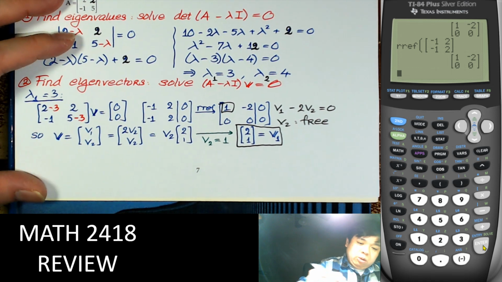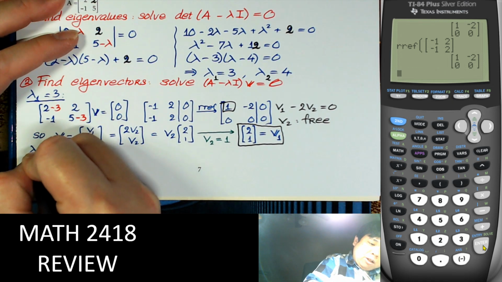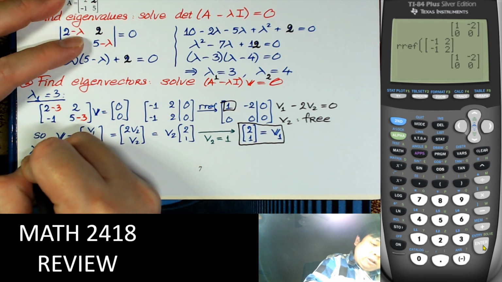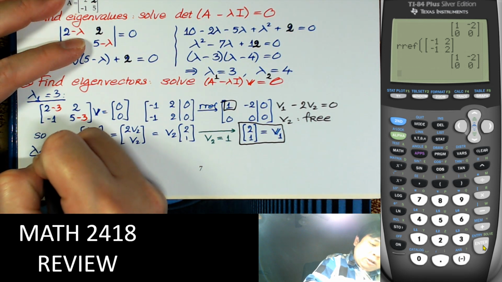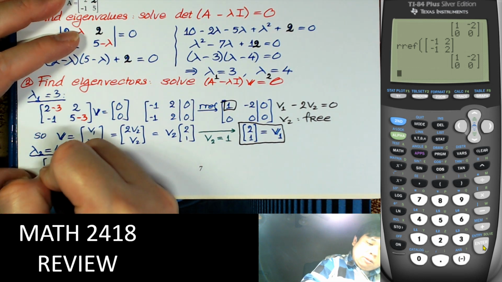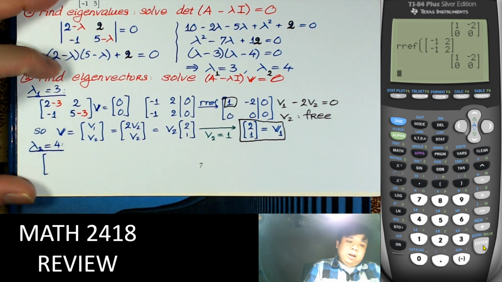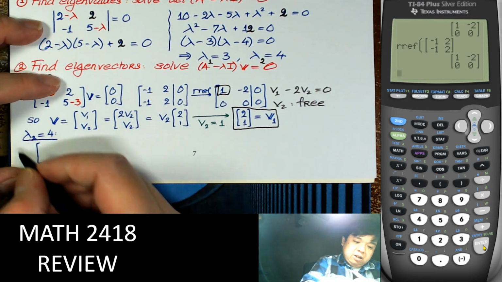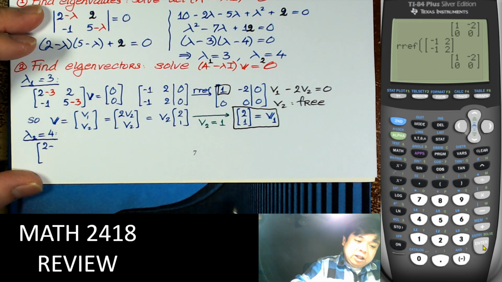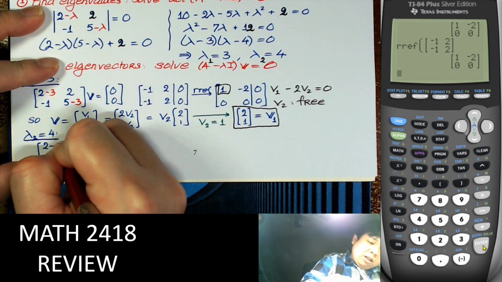Next, we will solve for lambda 2 equal to 4. So we take a diagonal entry, diagonal entry minus lambda.